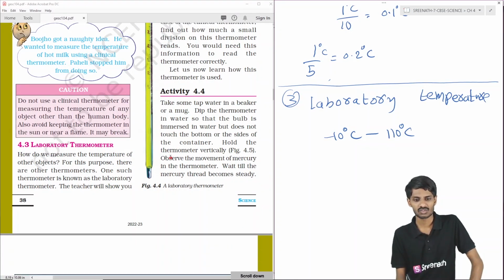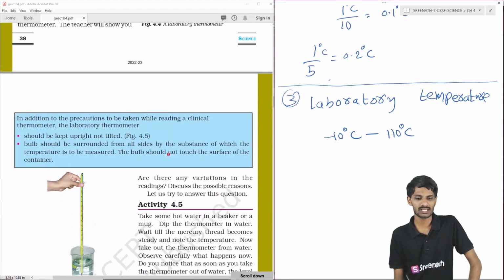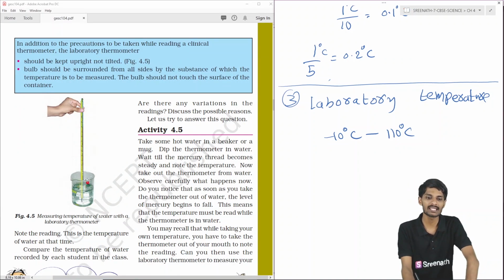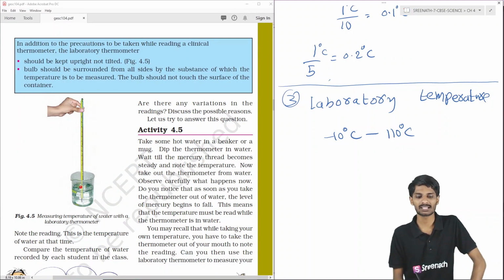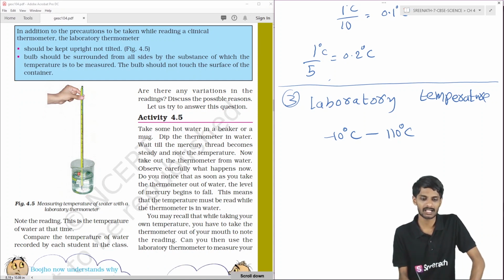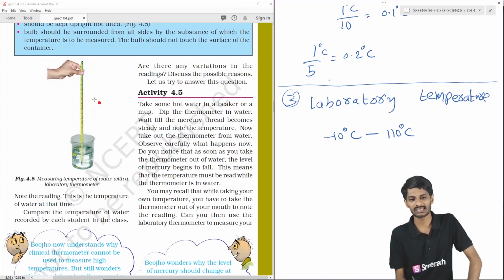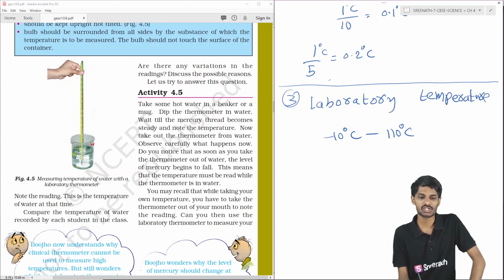Now take some cool water in a beaker and place this thermometer in the cool water. Observe and note the reading, just as you did with the clinical thermometer. Then you will get the temperature of this water. After that, pour hot water in it.